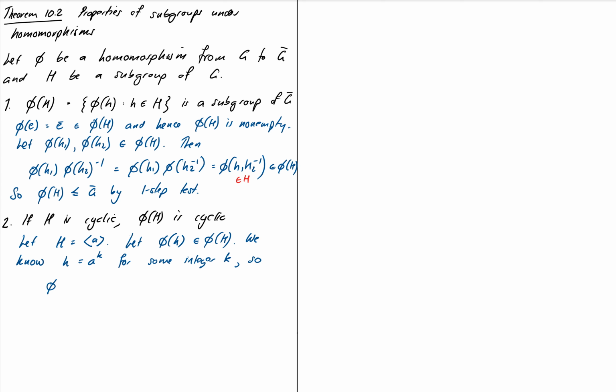So phi of h is equal to phi of A to the k, which is equal to phi of A all to the power of k by our operation preserving property. This means that phi of A is a generator of phi of H.